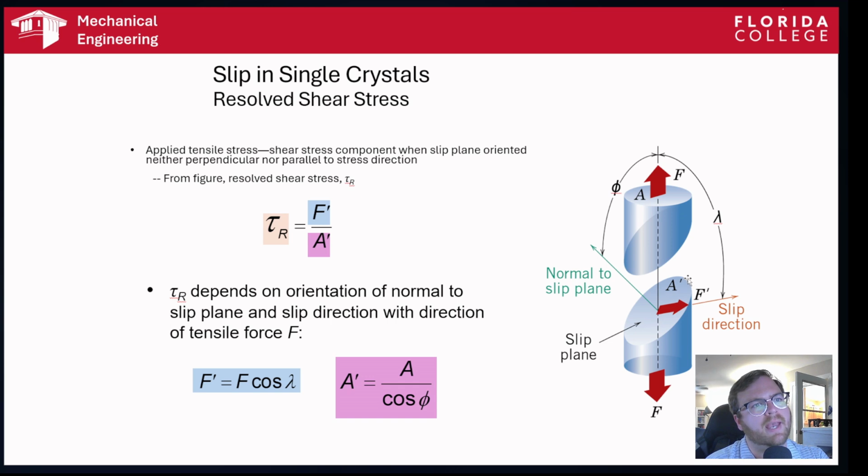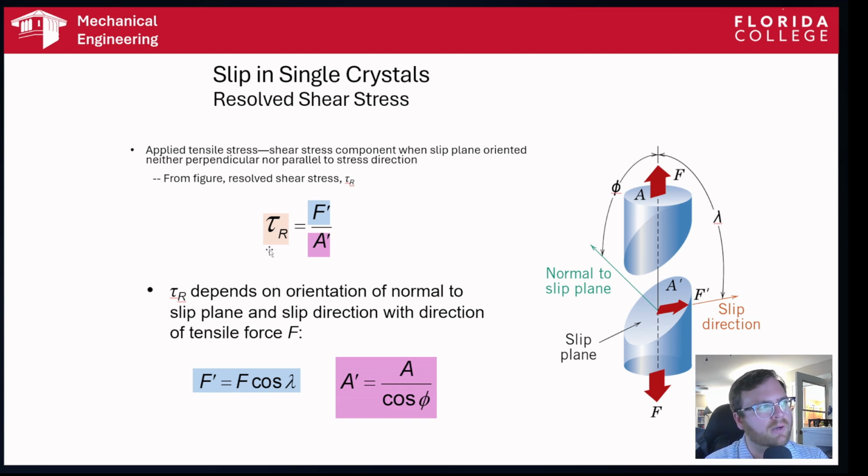A prime is actually the area of this diagonal. We have our typical area, but this A prime is going to be larger because it wants to slip along this plane, and therefore we need to take the orientation of that plane into account when looking at our area. So that is our applied tensile stress, or resolved shear stress, I should say.